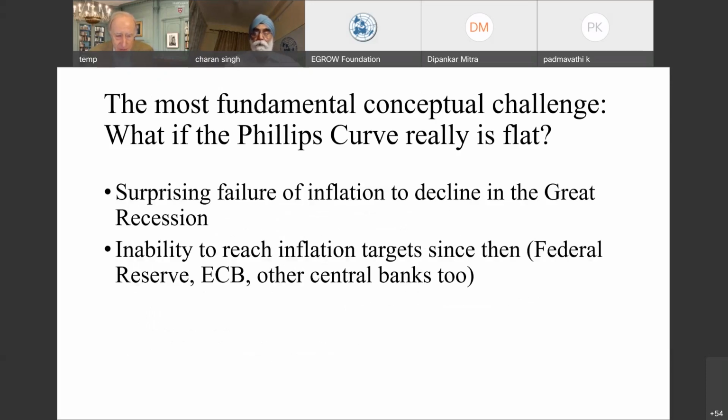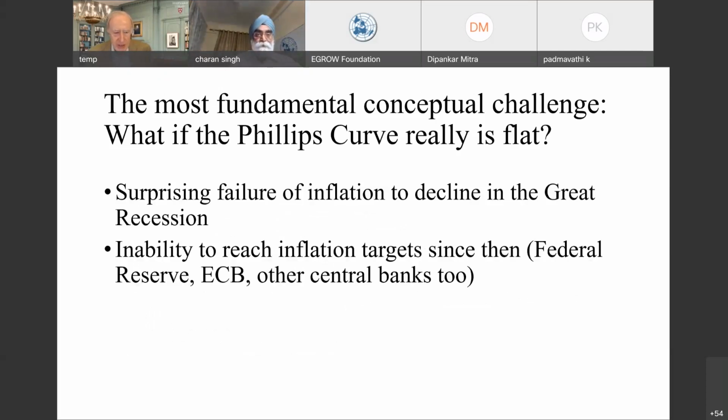I think the most fundamental conceptual challenge of all facing monetary policy is the question of what if it turns out that the Phillips curve, for any variety of reasons, is really flat these days. Now, I've already referred to the failure.